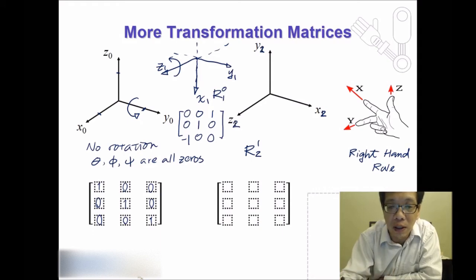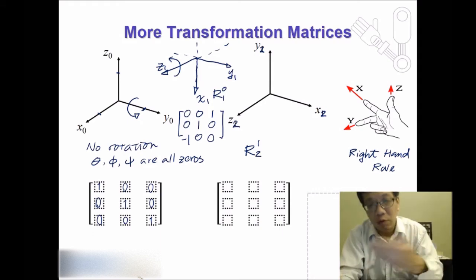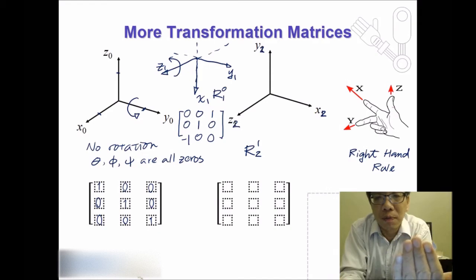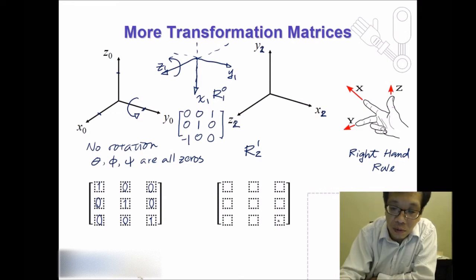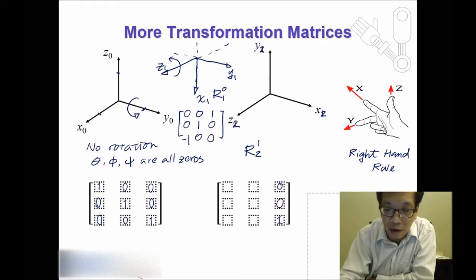Then we are checking back, comparing those two coordinate systems or those two frames to determine where we should put 1 and where we should put zeros. Since we rotated about the z direction, the z axis keeps the same coordinates, which gives 0 in the x component, 0 in the y component, and 1 in the z component.